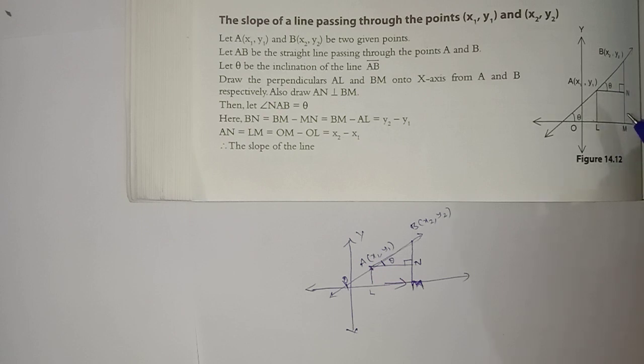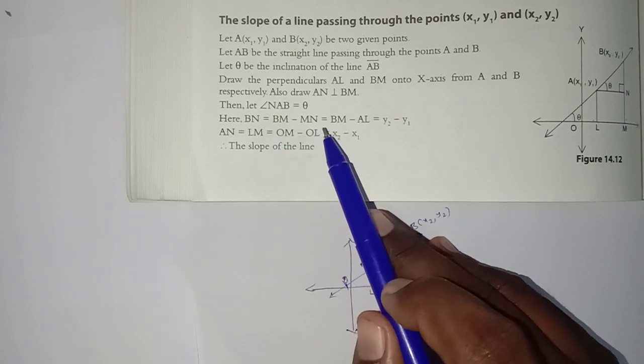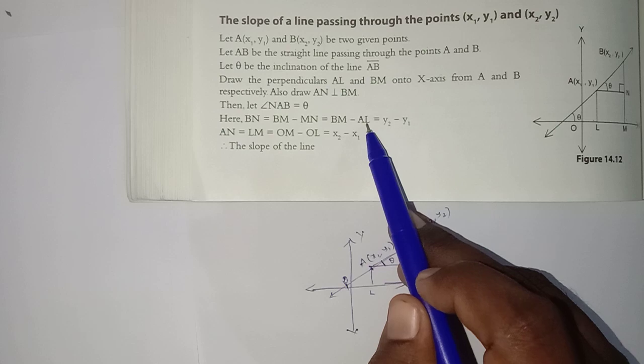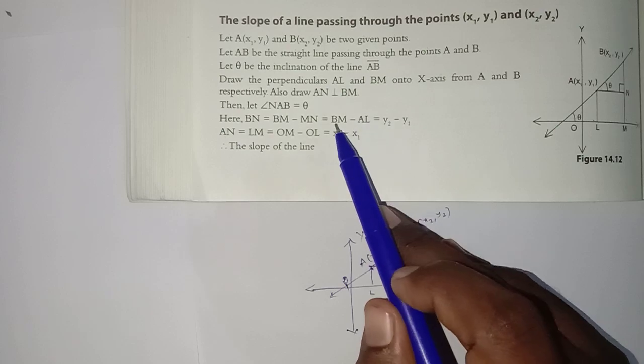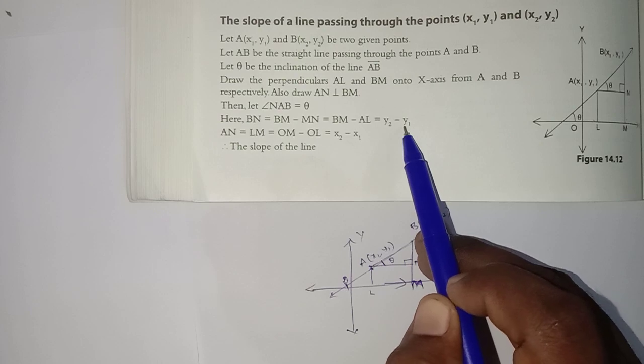Okay children, then what happened? This value you can write as BM minus MN, which is nothing but BM minus AL, because MN equals AL. Hence BM is y2 and AL is y1, so BN is y2 minus y1.